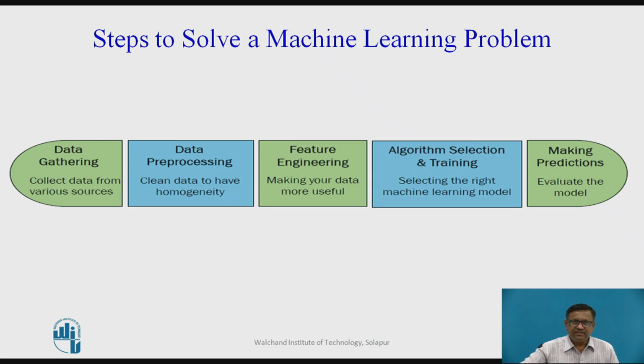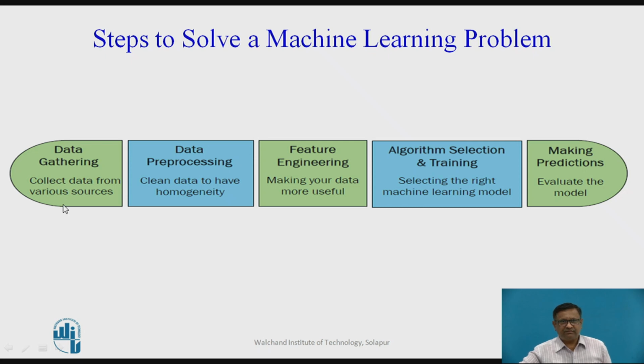Now the last, we study the steps to solve a machine learning problem. Importantly, this diagram gives us the idea of how a real life problem is solved using a machine learning technique. The first step is data gathering.